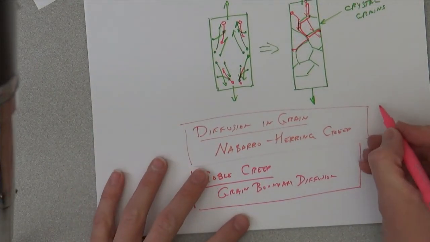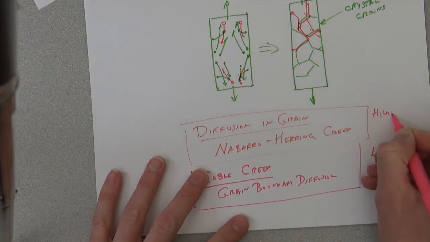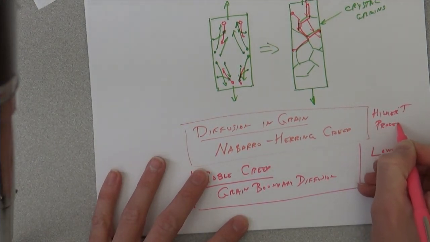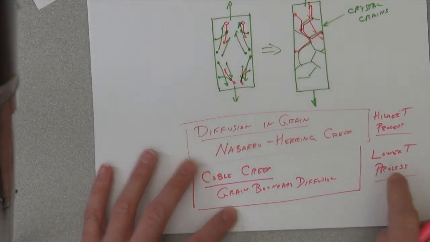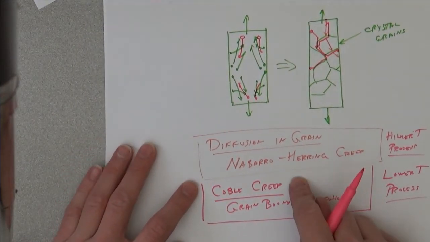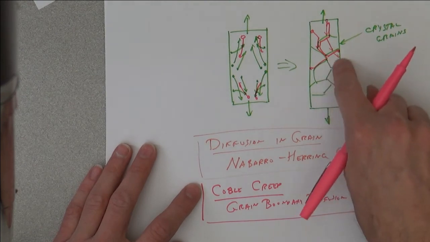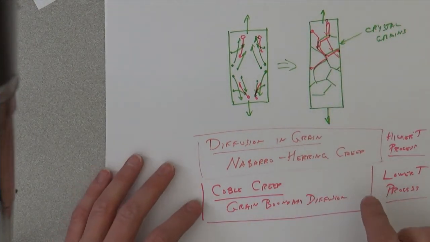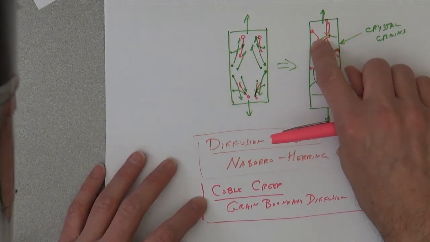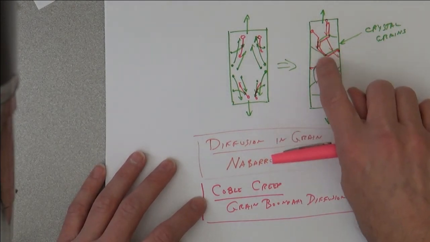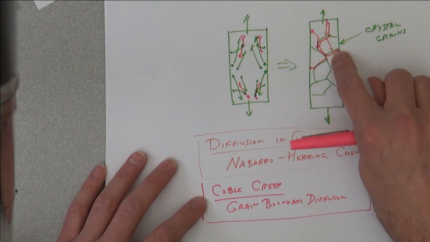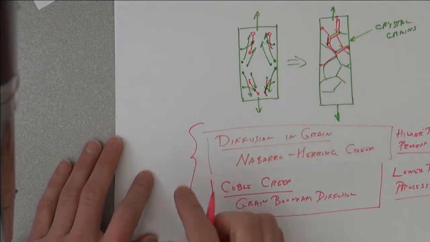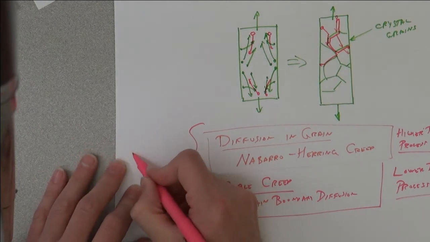Nabarro-Herring creep is typically a higher temperature process. But the interesting thing is, if you heat it up, atoms don't stop diffusing through the grain boundaries. They start also diffusing through the body of the grain. So both these processes are active.